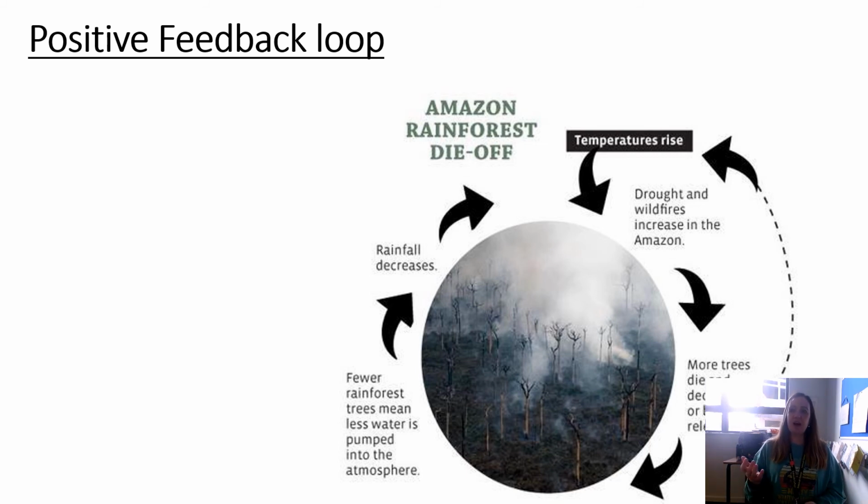Fewer trees also means less water is intercepted and entering the atmosphere, so there's less evapotranspiration, which means rainfall decreases, which means that it's drier. That tied in with the temperature rise means that the cycle gets even more intense. And that's what we call a positive feedback loop.